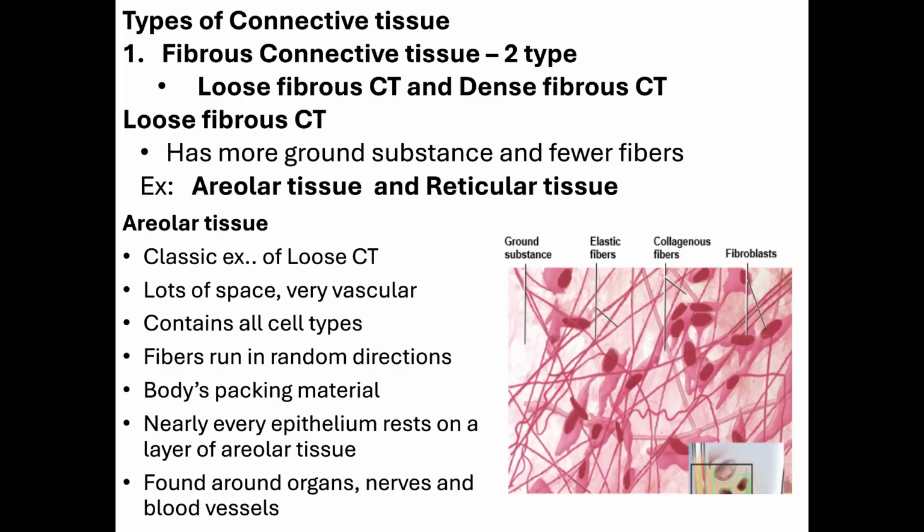Avascular means no blood supply. So how does the epithelium survive? It has to get nutrients. It is producing waste material. How does it remove it? By diffusion. So most of the epithelium rests on areolar tissue, and areolar tissue has got an abundant blood supply.